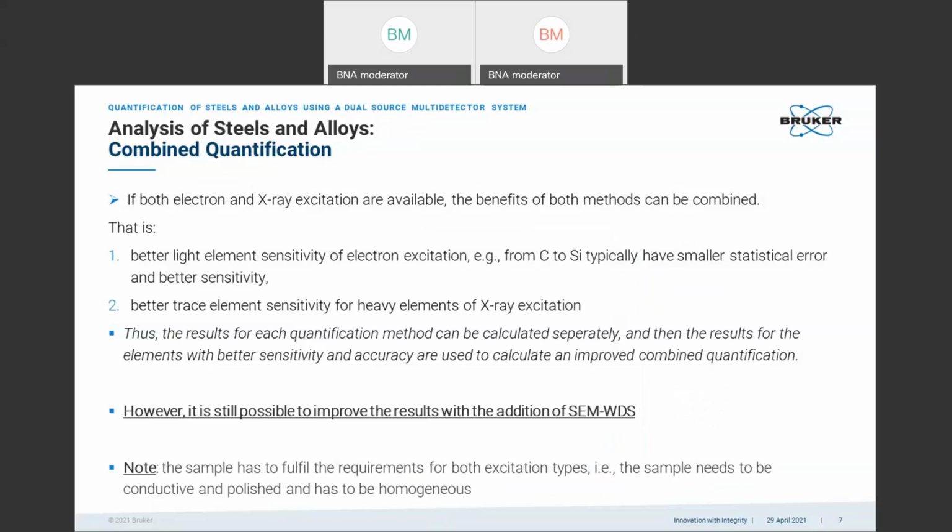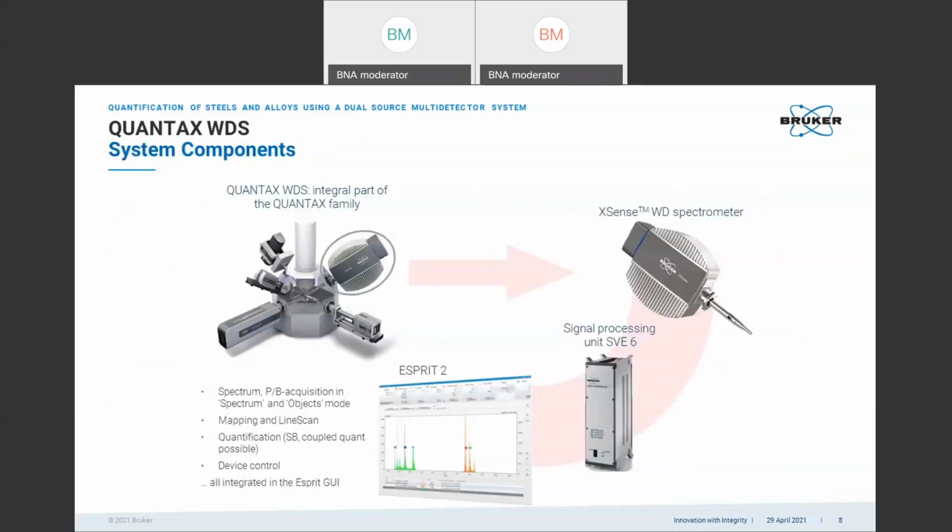So now we're going to talk about that, but now with the perspective of including SEM-WDS and how that augments and combines with the aforementioned analyses types and what benefits it'll bring to the system. As a brief introduction, we see here the WDS component on a SEM, a schematic of the SEM. The QUANTAX WDS is a part of the QUANTAX family of SEM-based microanalysis.